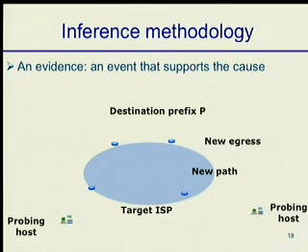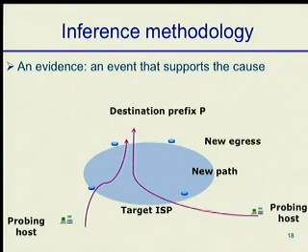Okay. So I'm going to briefly explain the inference methodology, which is actually a very simple technique. We have these so-called evidence, which is an event that demonstrates that there's some change happening in the network. So for example, you have two probing hosts sending probes to the same destination, and all of a sudden, they switch to a new egress point, meaning that they exit the ISP through a different POP location.